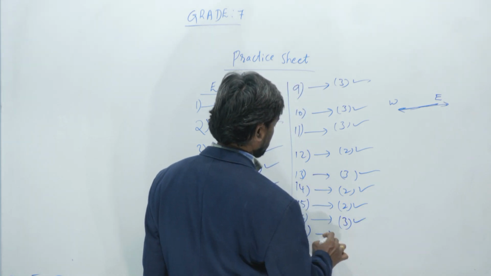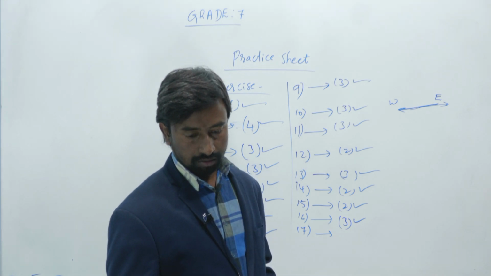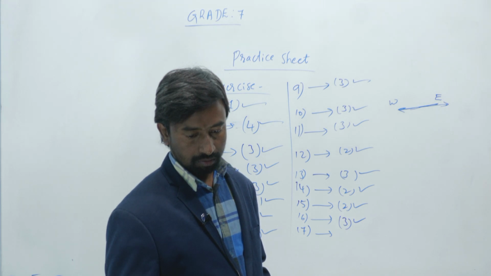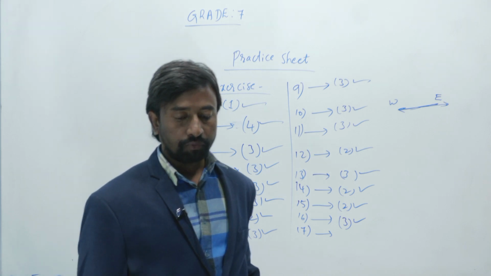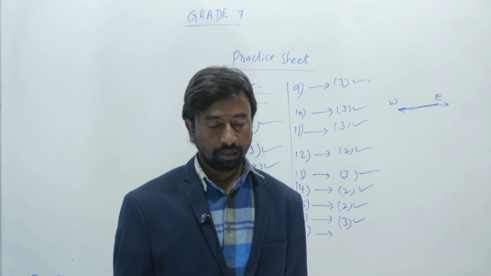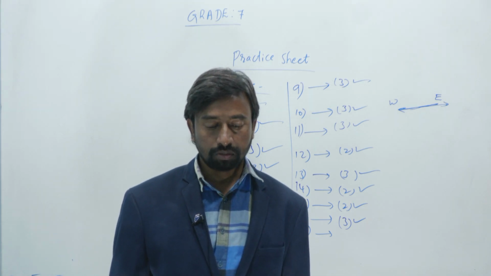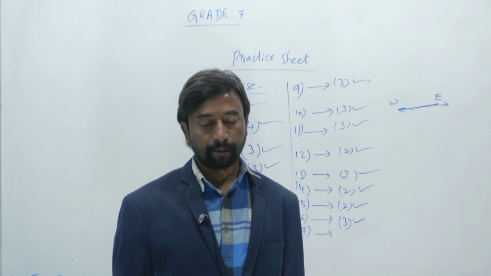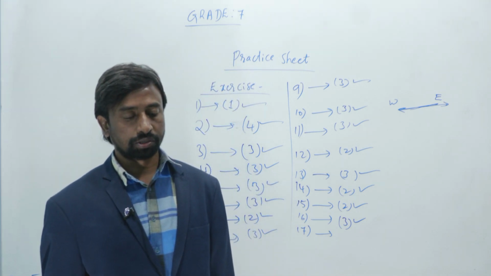Now the 17th one. When a horse pulls a cart, the force which helps the horse to move forward is the force exerted by... It is the same as the previous question.